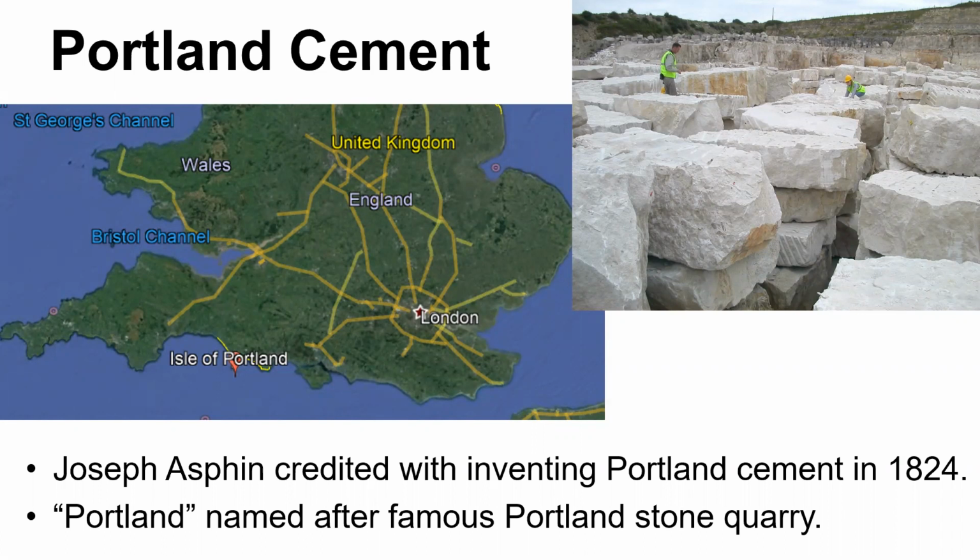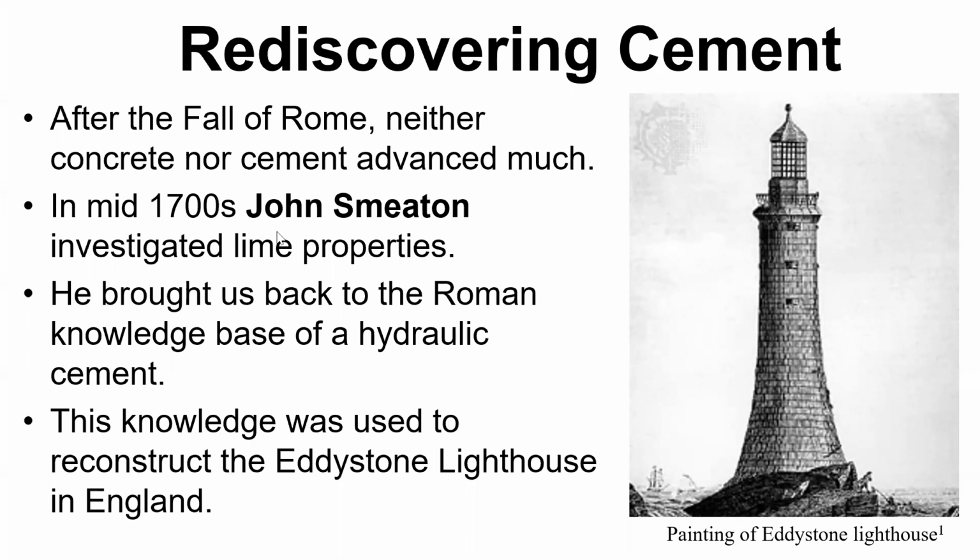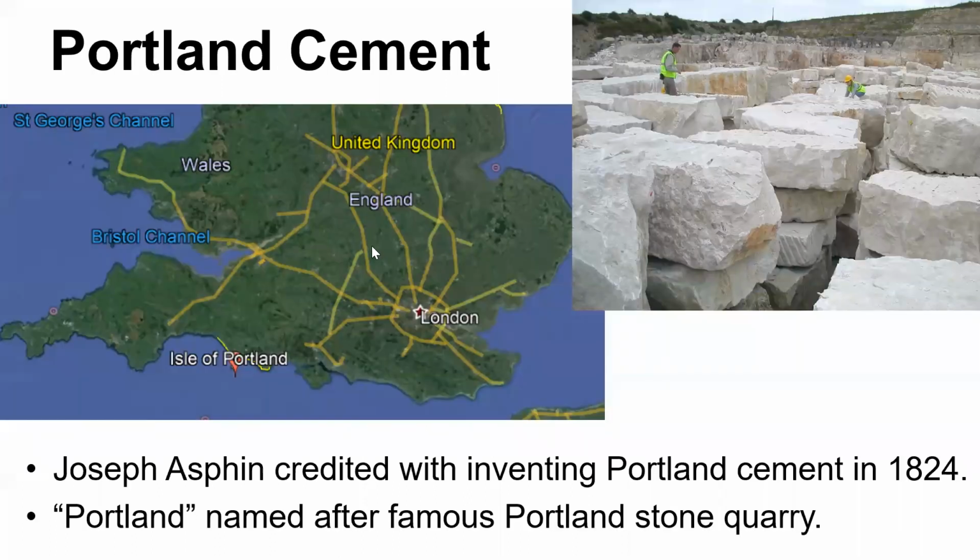So as you had an engineer that really dug in and tried to figure out all the different properties, you had Joseph Aspin, who was not what you'd think of as a good engineer. He didn't really understand a lot about material properties. He just did a lot of trial and error and didn't really understand necessarily what he was doing.